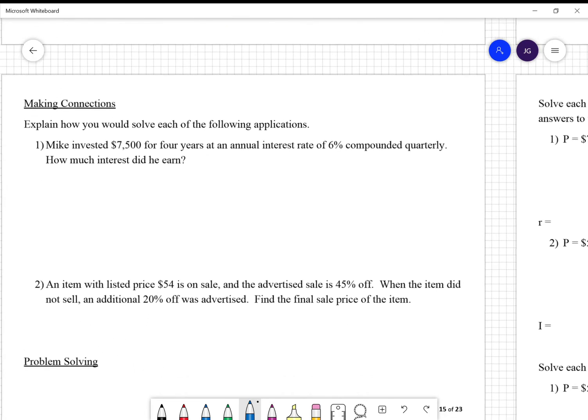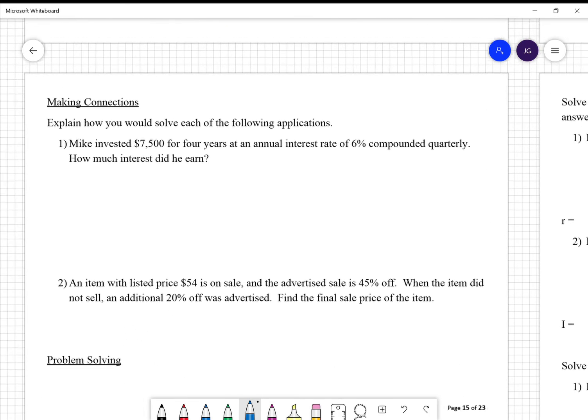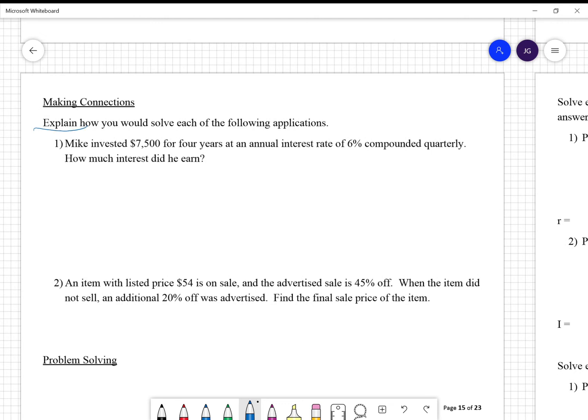Okay, making connections. So you're not looking for what's wrong, you're explaining how you would solve. Mike invested $7,500 for 4 years at an annual interest rate of 6% compounded quarterly. How much interest did he earn?